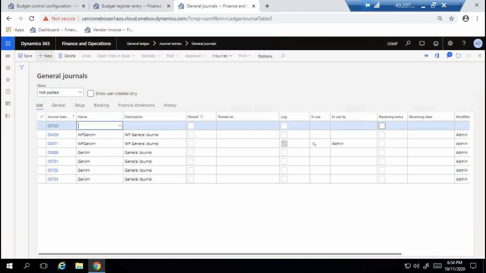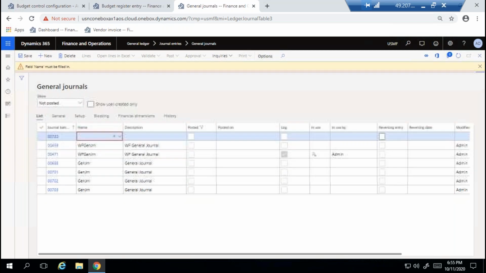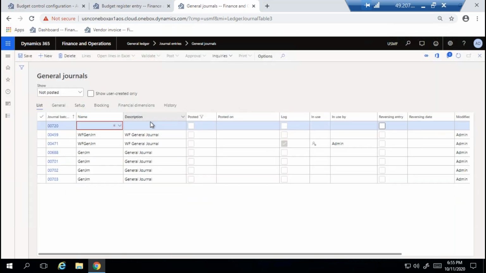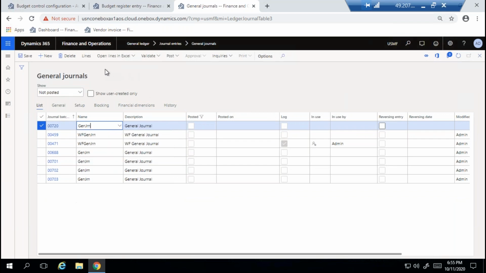So click new. Fine, sorry, already it was clicked. I need to select the journal name, normal journal name, go to lines.